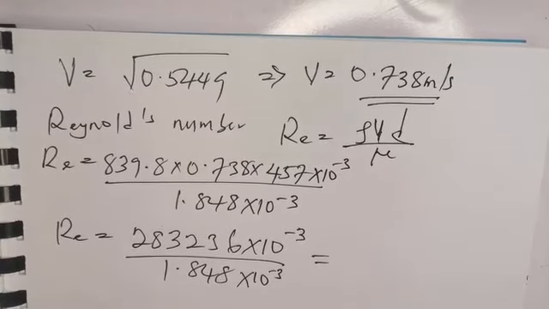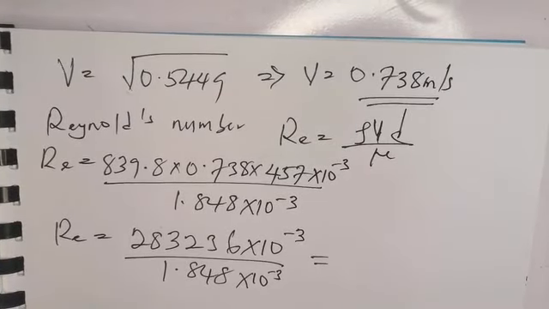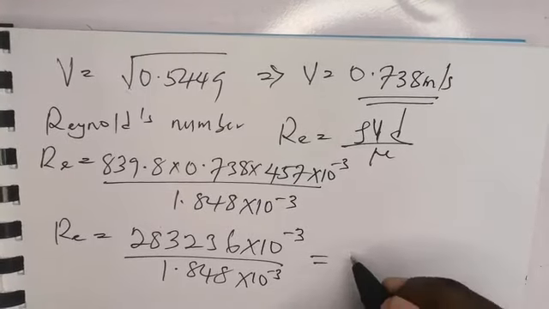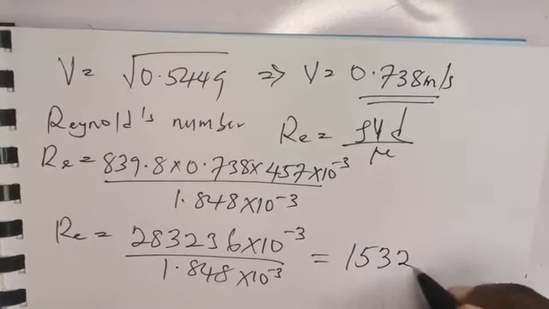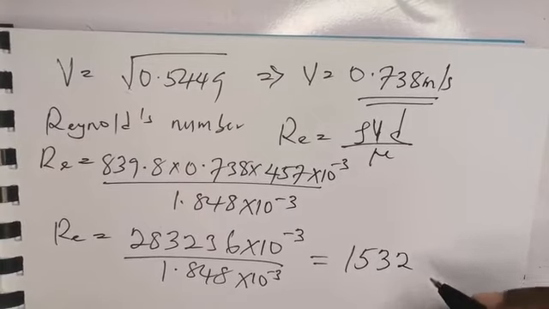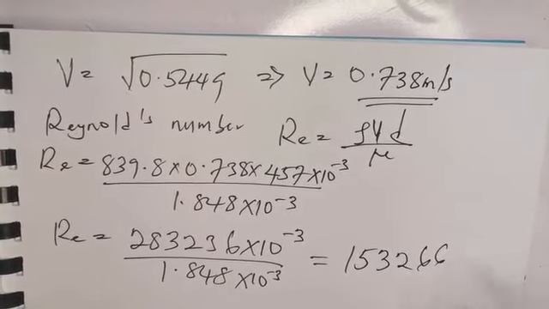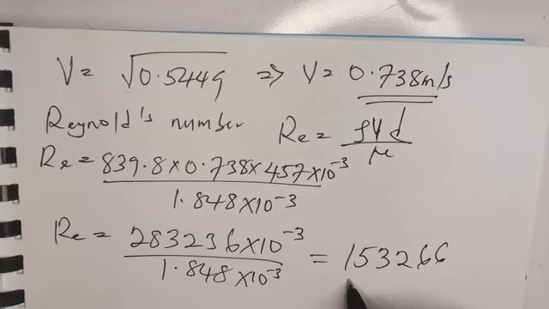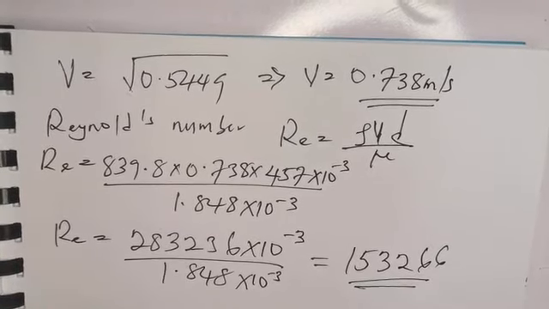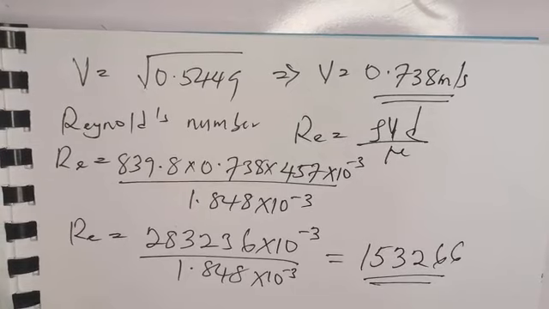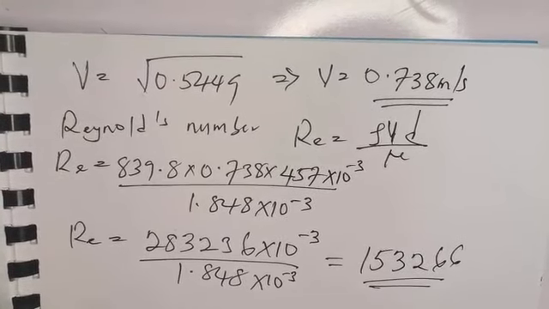Let's do this division. Upon division, we have the Reynolds number to be approximately 153266. So this is our Reynolds number.